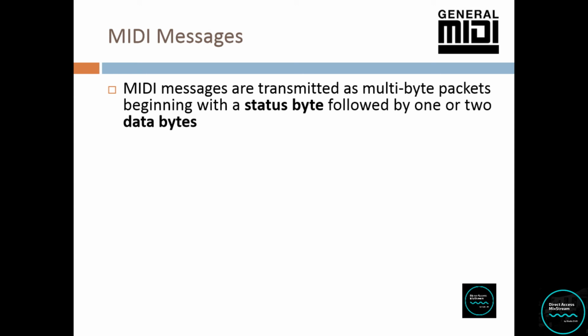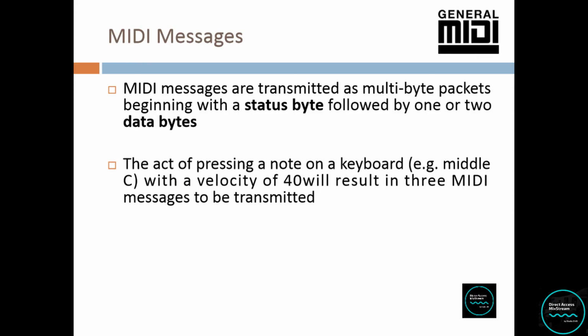This is to help you understand what MIDI actually is, okay? As I said earlier, it's a set of gestures, it's instructions. It's not sound. There's no sound. A MIDI message has got no sound. So when you press a note on a keyboard, for example, you press the middle C just now, ding, with a velocity of 40, so about medium velocity, you're not pressing it hard.